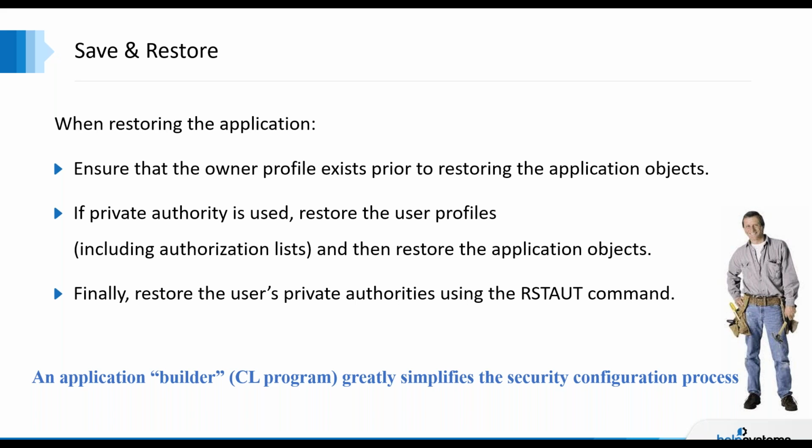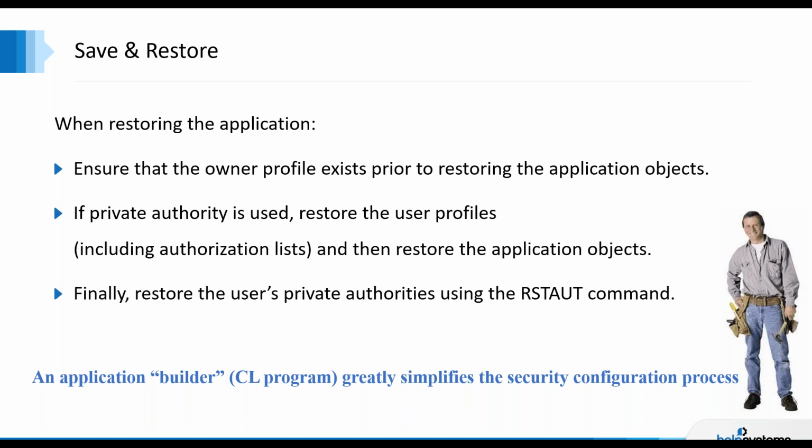This is part of the reason why this approach works very well, because in a traditional application environment where we're not paying attention to the owner profile, we either have to restore all user profiles, because it could be any one of the programmers that has ever existed, or we have to just not pay attention, and all of a sudden things are owned by Q default owner, et cetera, et cetera. So having it owned by one, maybe two or three individual profiles across the entire application makes this restore function a whole lot simpler than otherwise it would be.